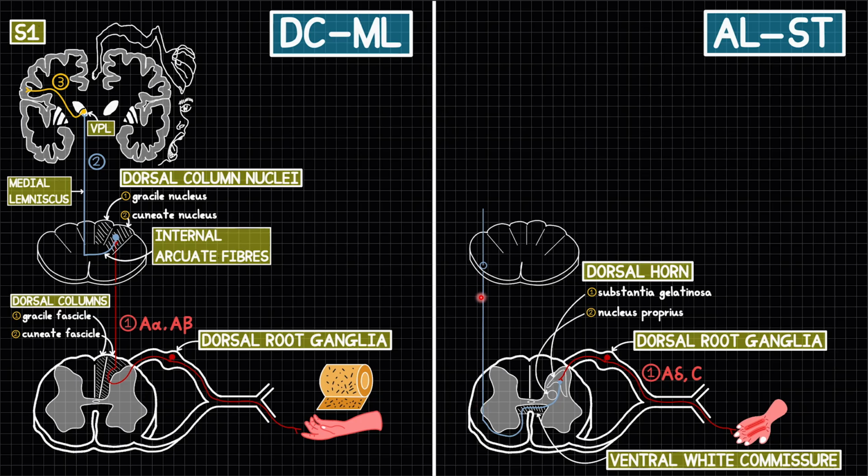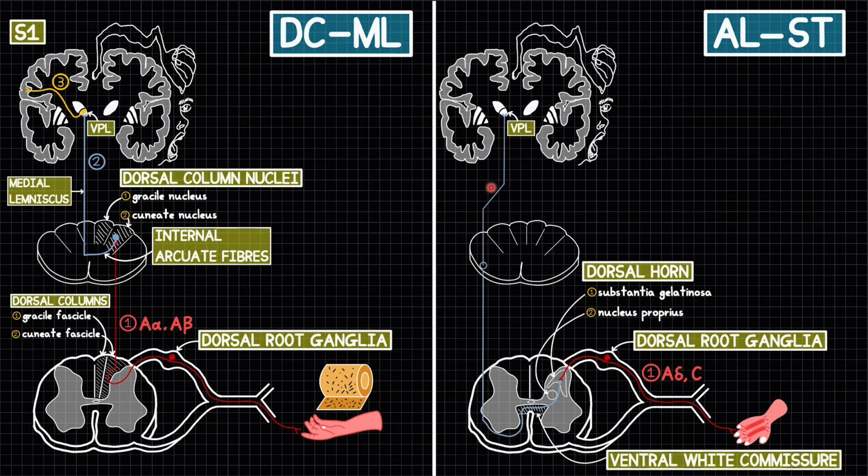It will ascend up the spinal cord, up through the brainstem, again staying in this anterolateral position in the brainstem, ascend past the brainstem, and then it will continue ascending until again it reaches the VPL of the thalamus. Again, much like the DCML VPL of the thalamus.